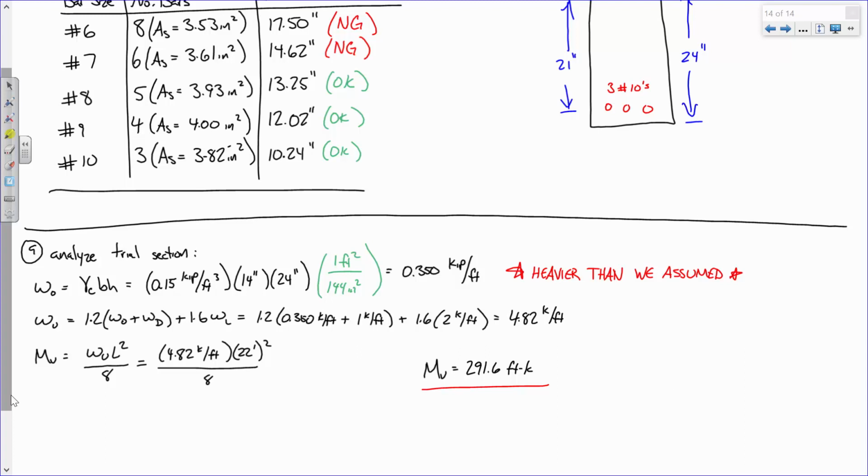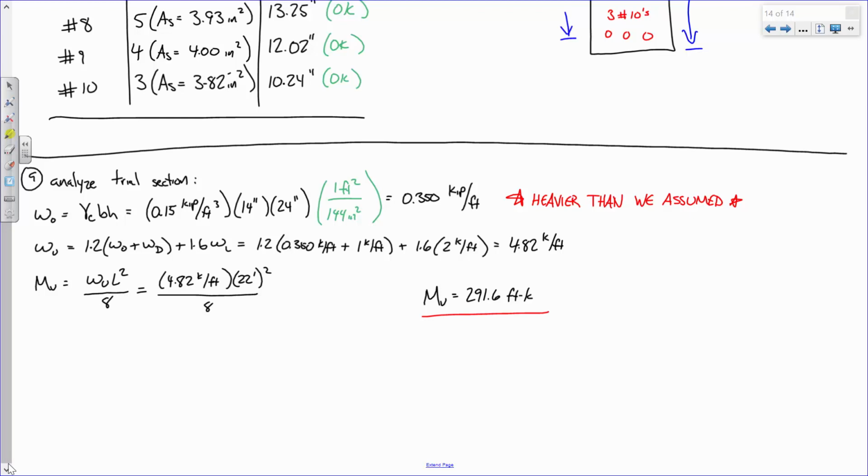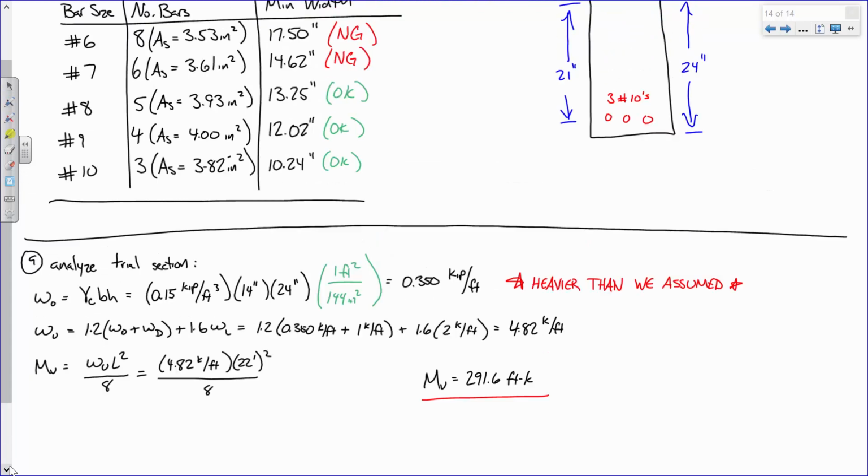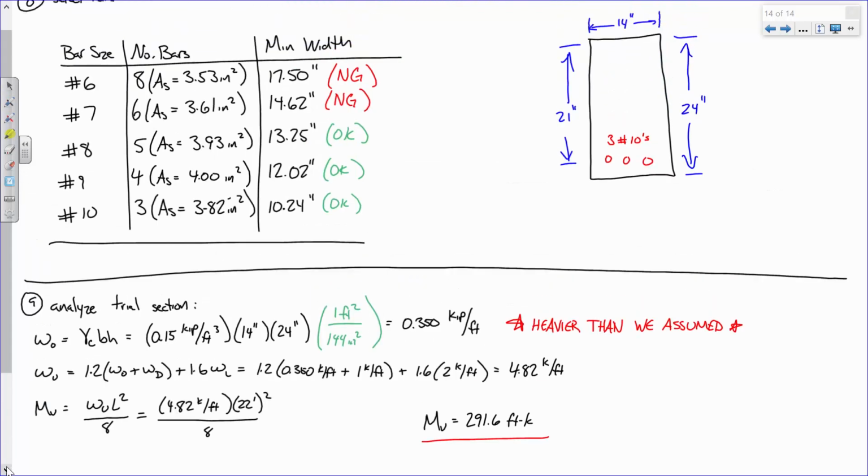Now that is this side of the equation. So we have MU on one side, but on the other we have phi MN. You all should have enough experience with this. You have the beam, you know what the beam looks like. Tell me what we need to do to compute phi MN. Use that equation.